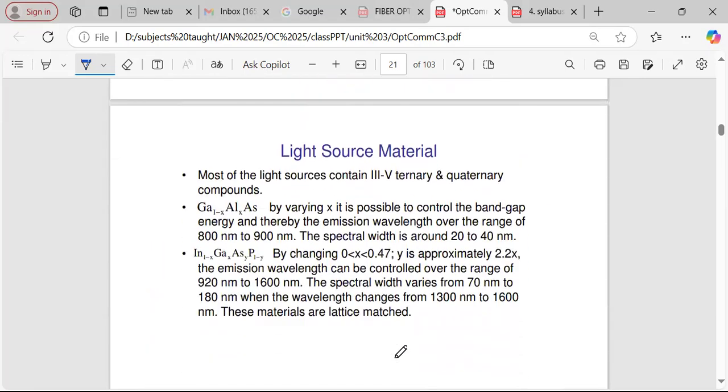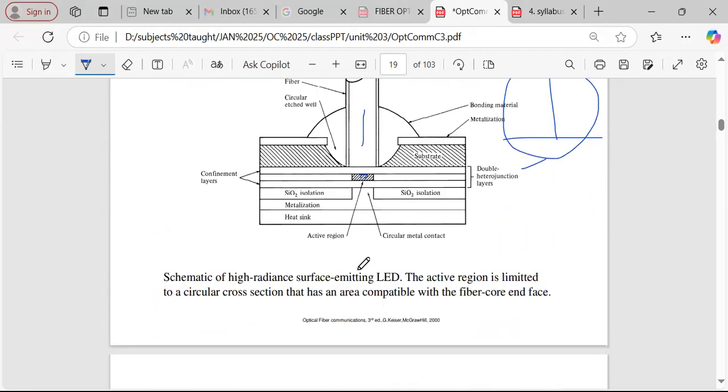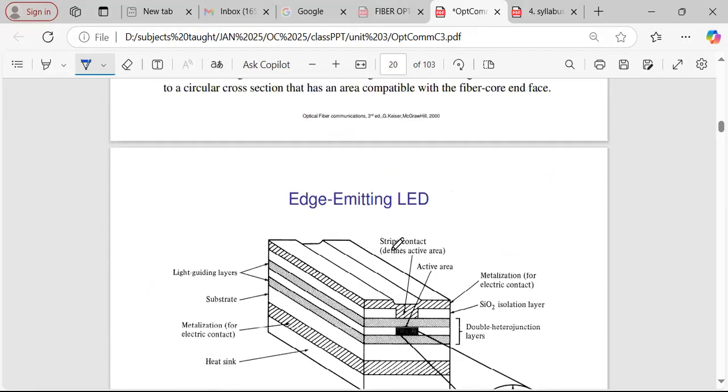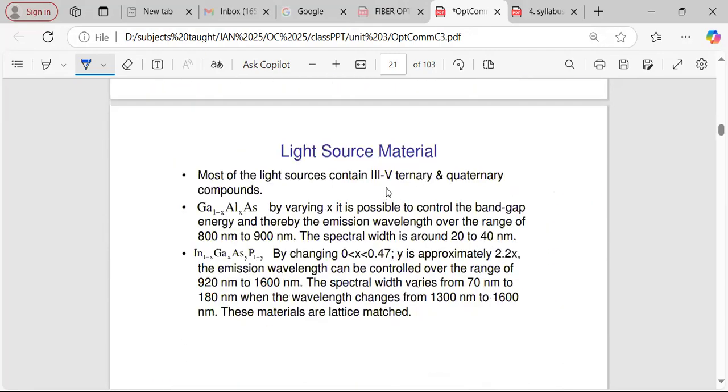And what are the different materials used for designing the surface LED or the edge emitting LED? Basically we are using third and fifth group compounds, and here gallium, aluminum, and arsenide. These three elements are used in different mole proportions.